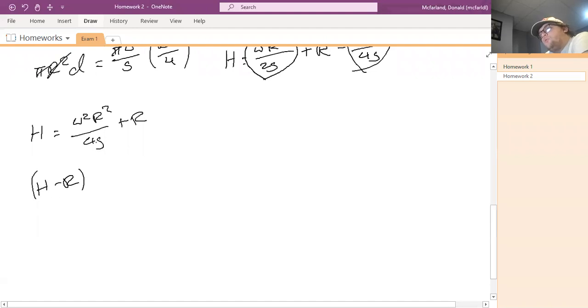You want to get rid of the 4g in the denominator and bring it to this side. So we've got 4g, the omega squared R squared. So now we want to get rid of the R squared on this side, bring it to this side. We have 4g over R squared times H minus R.